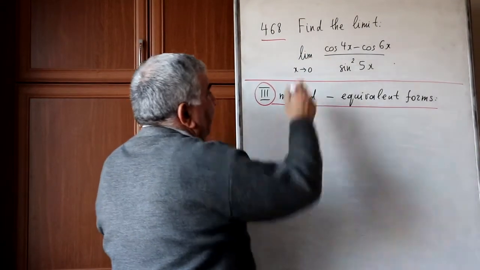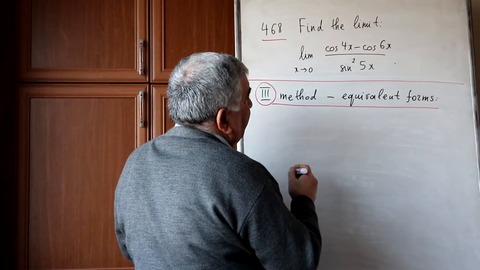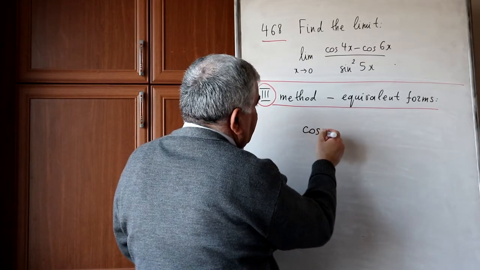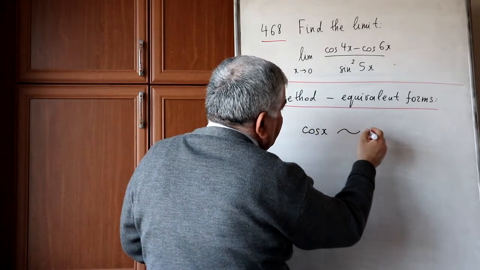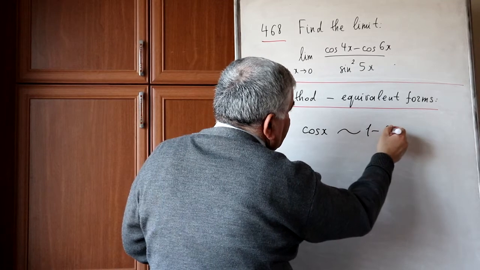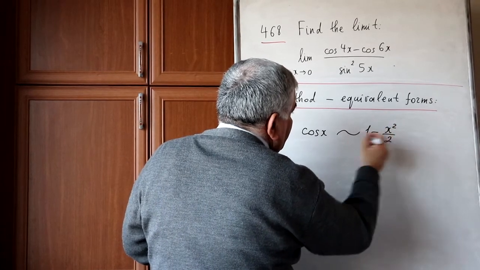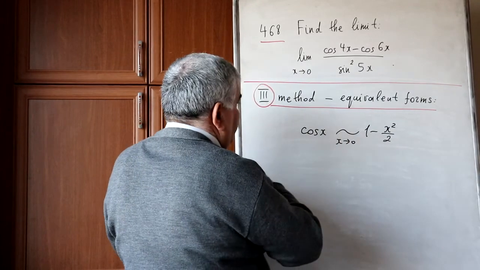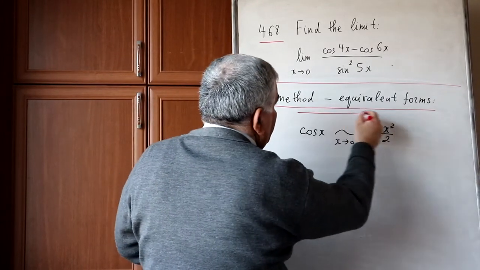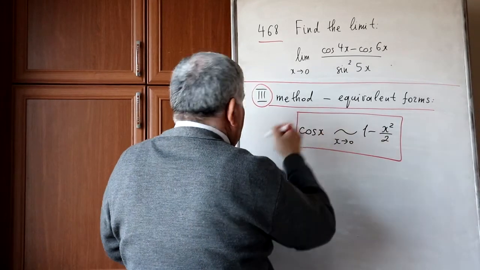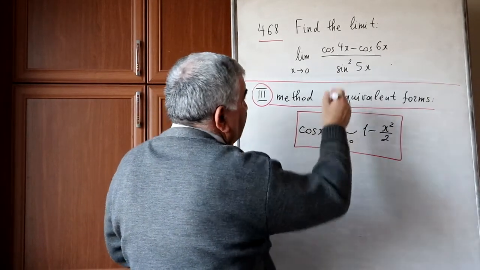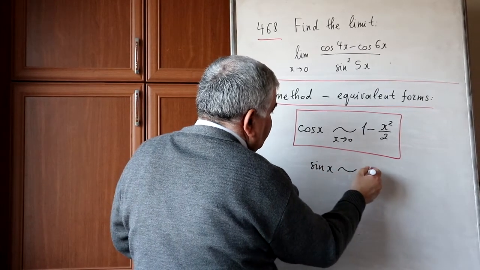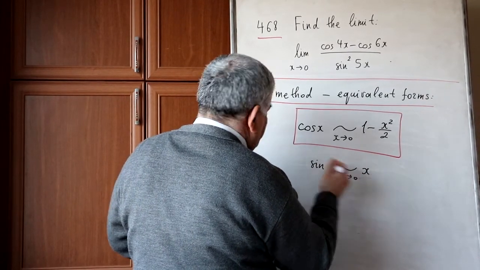For the numerator, we must use the equivalent form of cosine x. Cosine x is equivalent to 1 minus x squared in half if x tends to 0. And the equivalent form of sine x. Sine x is equivalent simply to x when x tends to 0.